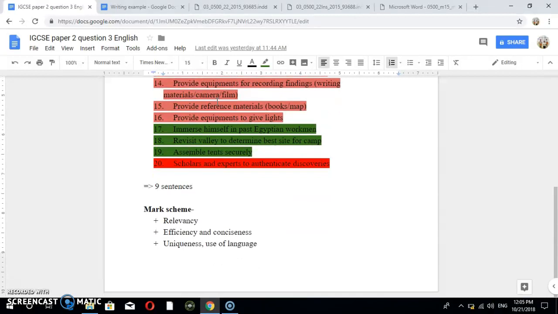Now, after grouping the sentences, we have to see the mark scheme. What do we need to do? The IGCSE asks us for the relevancy of the writing, the efficiency and conciseness. So it has to fall in between 200 to 250 words, and the uniqueness. You have to show your language.